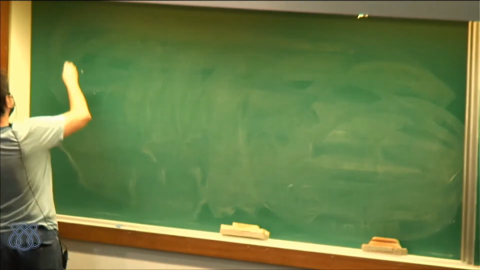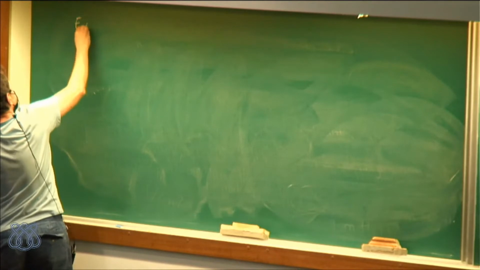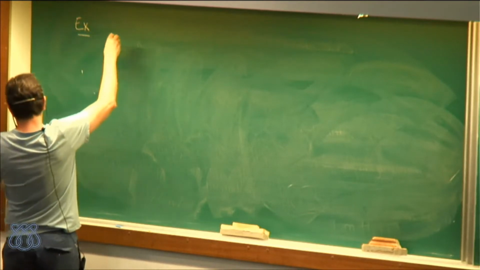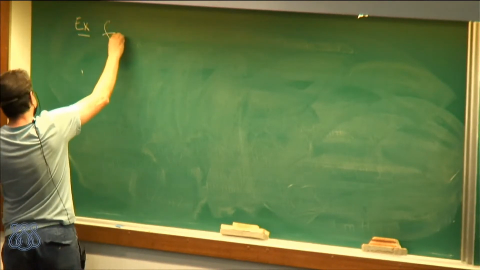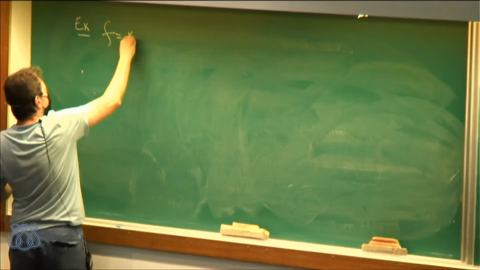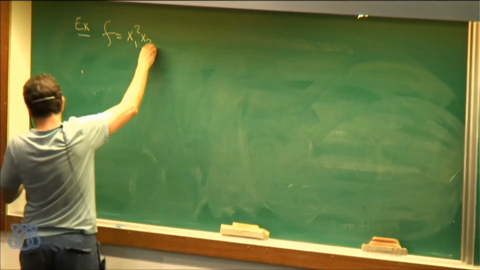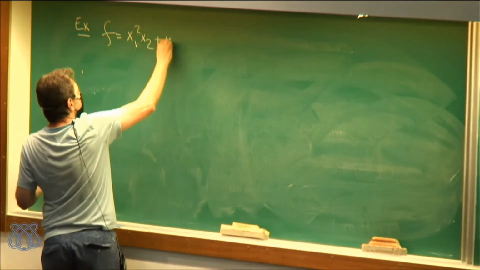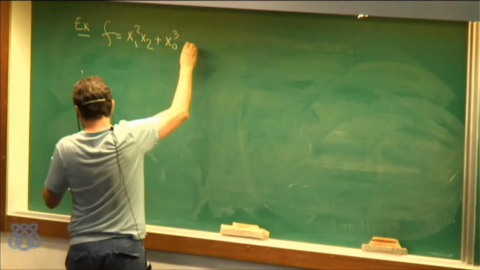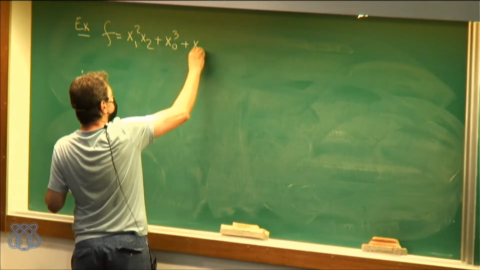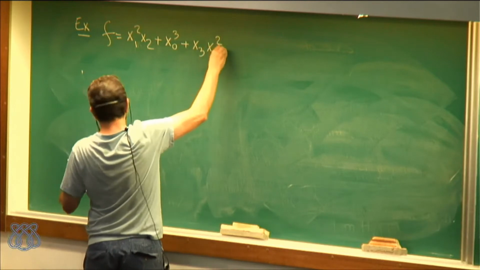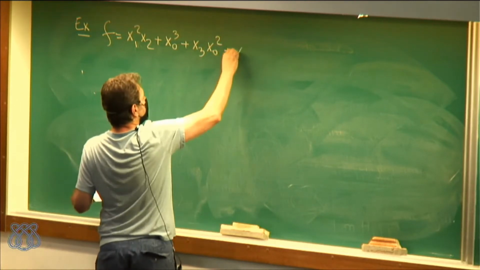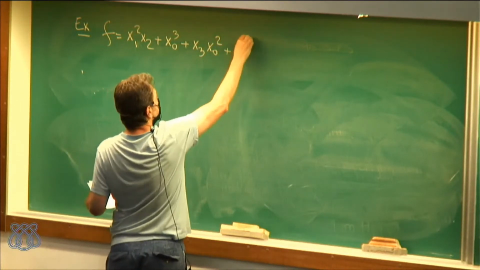All right, so here's the example. As I said, I'll discuss this in the afternoon. So this is x1 squared x2 plus x0 cubed plus x3 x0 squared plus x4 cubed.